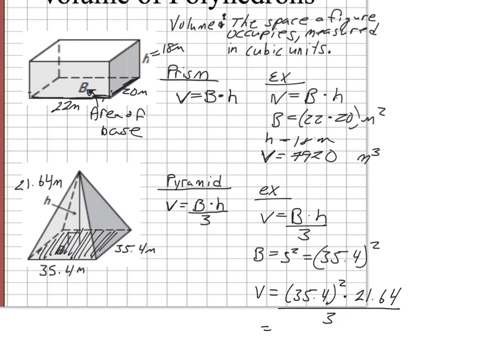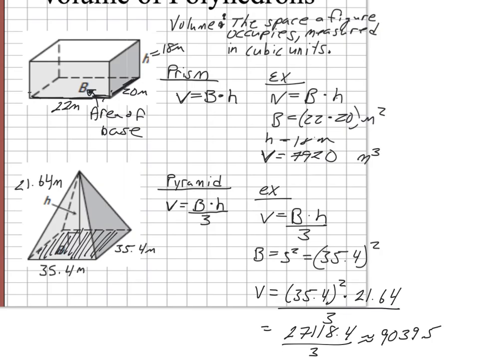So 35.4 squared times 21.64 ends up being 27,118.4 divided by 3. And that gives us an approximate volume of the Louvre being 9,039.5.